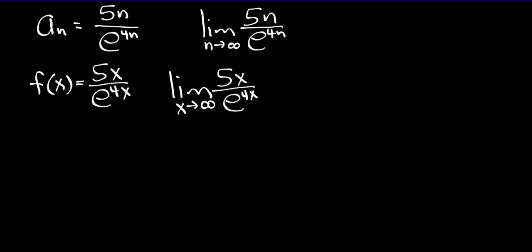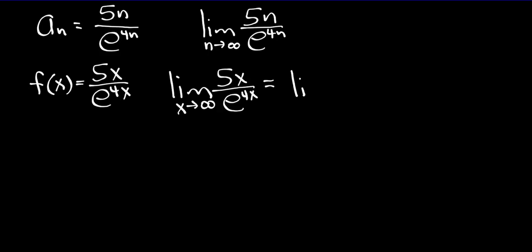Or you might look at it and say you've got this exponential function on the bottom and some linear function up top, so obviously that limit is 0. But if you didn't see that, the limit of the top is infinity and the limit of the bottom is infinity. So you have infinity over infinity, and you can use L'Hopital's rule.